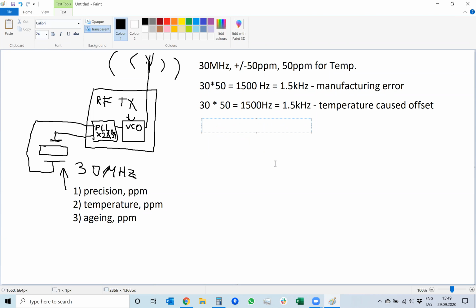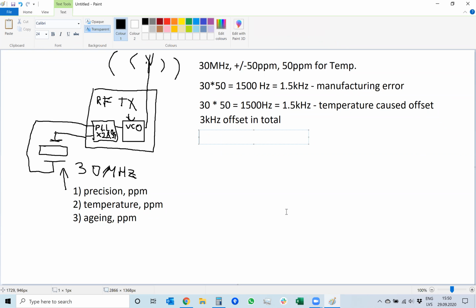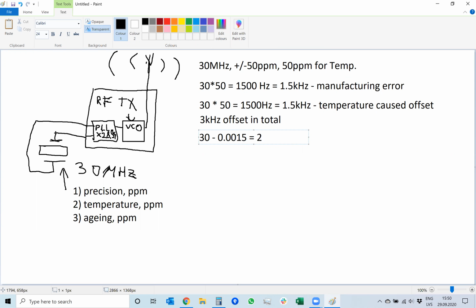So the total offset is 3 kilohertz. So in the worst case, the actual frequency is not 30 megahertz, but 30 megahertz minus 0.003, which is actually 29.9985.